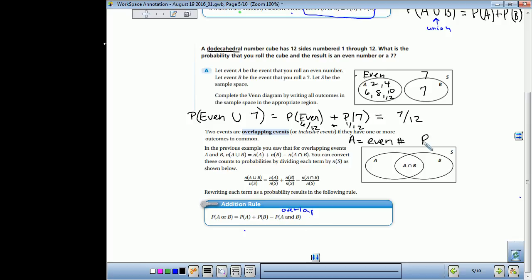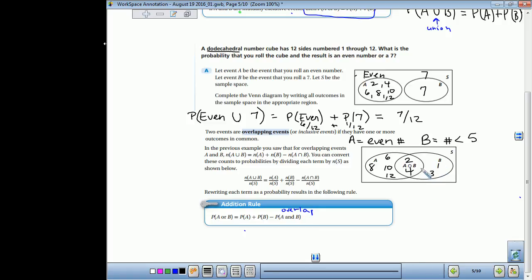Okay, but this time event B is going to be a number less than 5. So on a single trial, is it possible to have an even number and a number less than 5? Yes, there's overlap. 2 and 4. So over here, just event A would be 6, 8, 10, and 12. And over here in just B would also be 1 and 3.